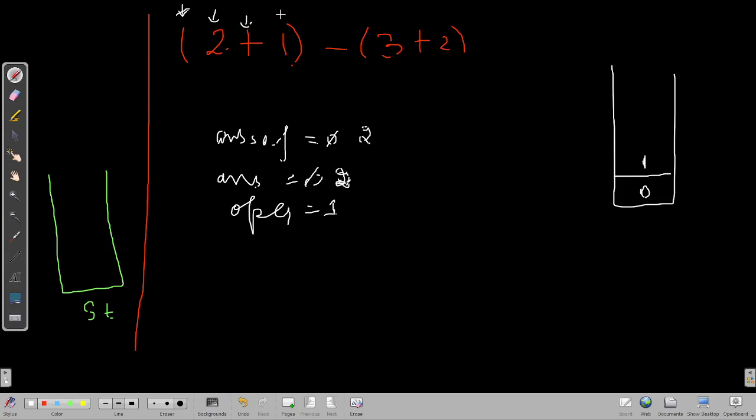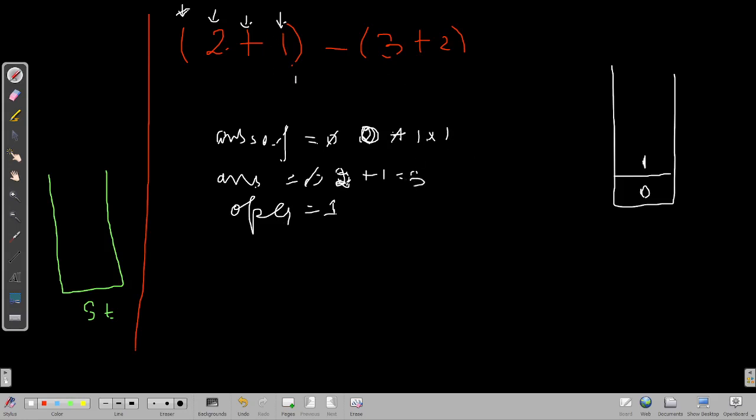Then we go there, we check if it is a single digit or a consecutive digit. It is a single digit. So we simply calculate our answer so far. After that it is 0. How can we calculate? 0 plus value 1 multiplied by our operation 1 is 1. So add this 1 to our answer, it becomes 3.